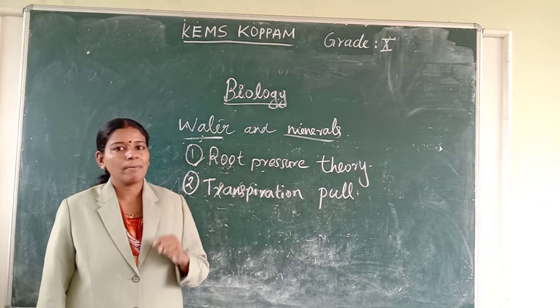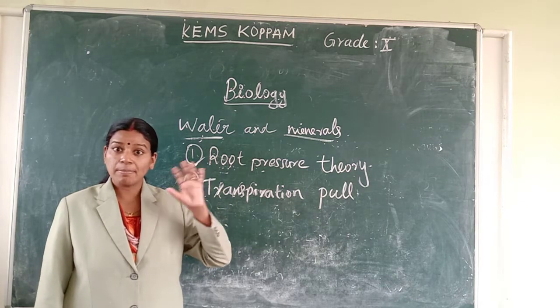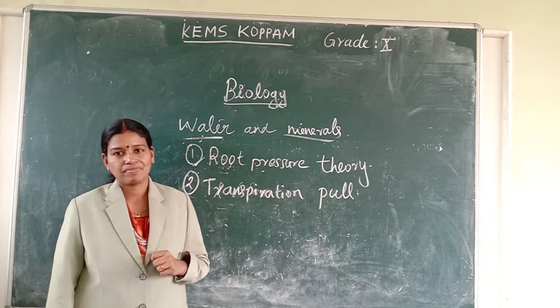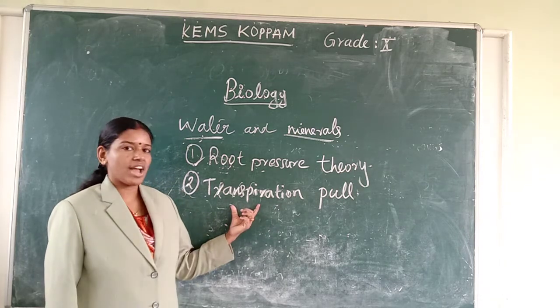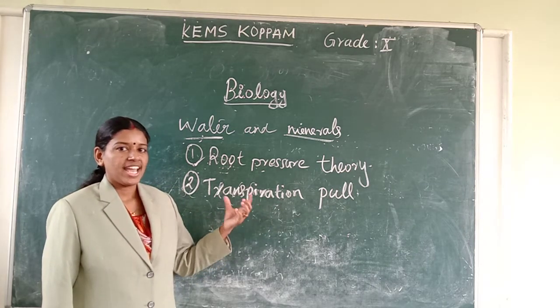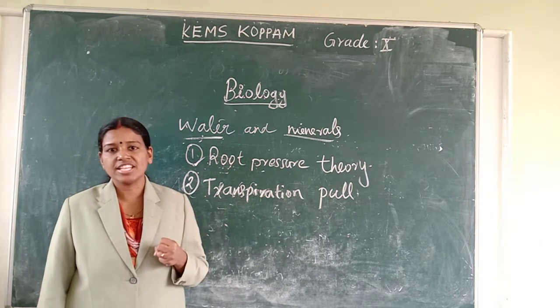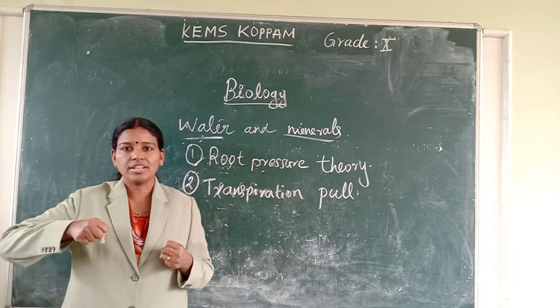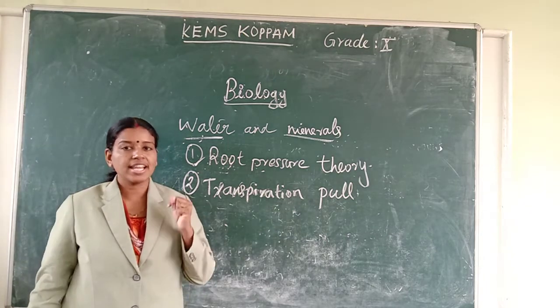In the vapor form, water escapes out through the stomata. At the same time, when this transpiration is taking place, a suction or pull is created inside the xylem vessels that takes water and transports it to the complete body. Once again, I will repeat.